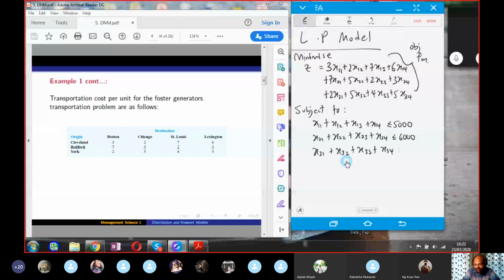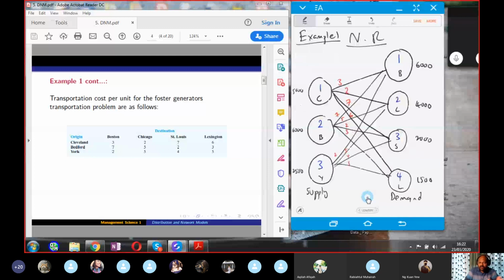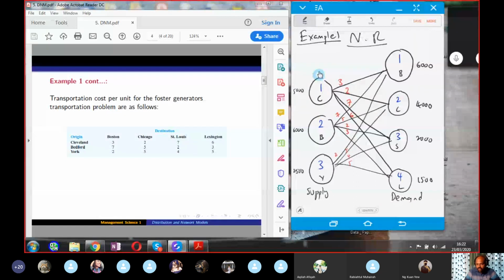Now this supply constraint is done. Now we move on to the demand, the customers. Bedford needs 6,000, Chicago needs 4,000, St. Louis 2,000, Lexington 1,500. When the customer asks for some quantity, as a supplier you need to provide what they ask. If they ask for 6,000, you have to make sure 6,000 is there.